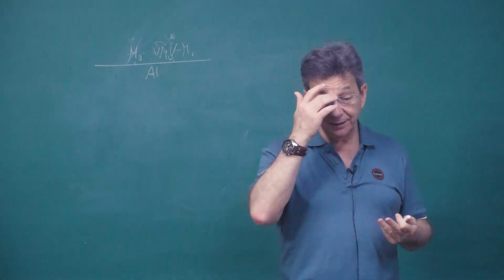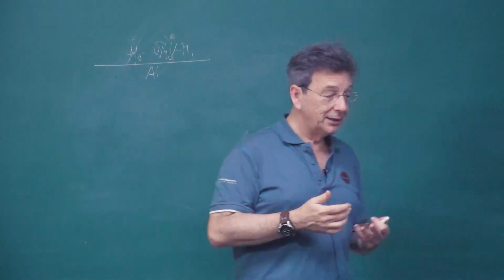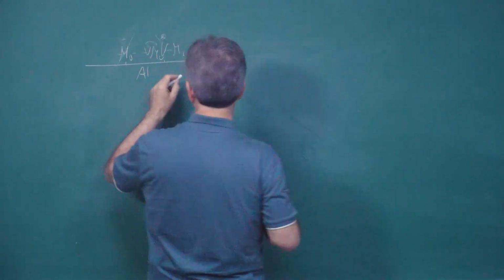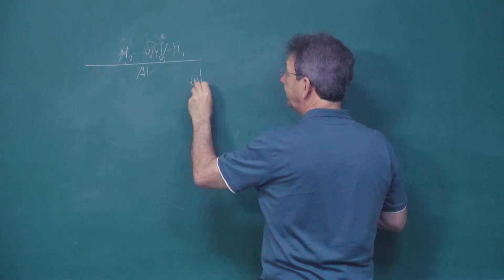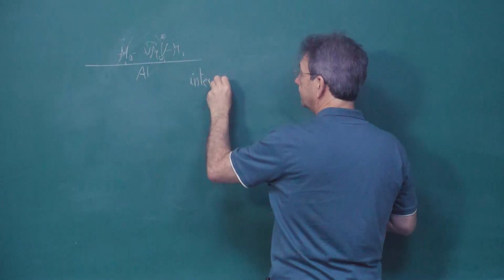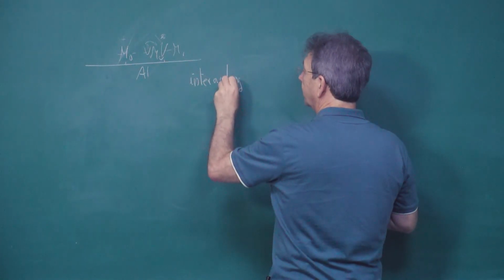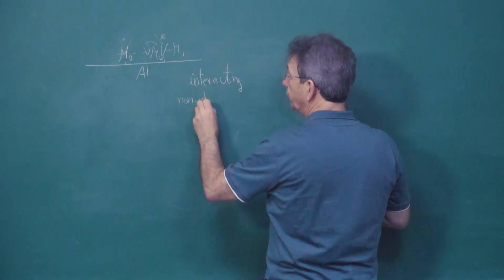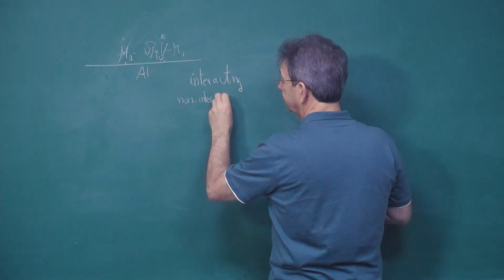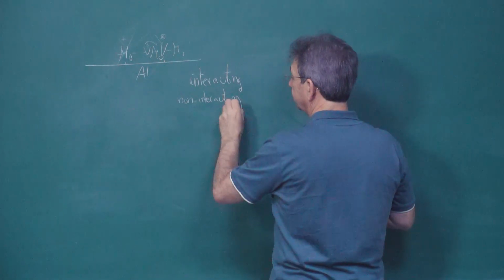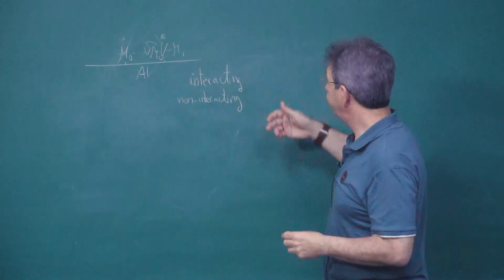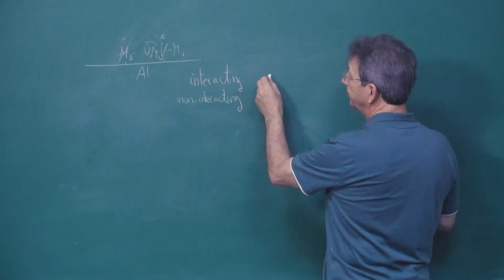So you will see there are different kinds of additives that you can call maybe interacting ones or non-interacting ones. This is not official, this is just an internal message.